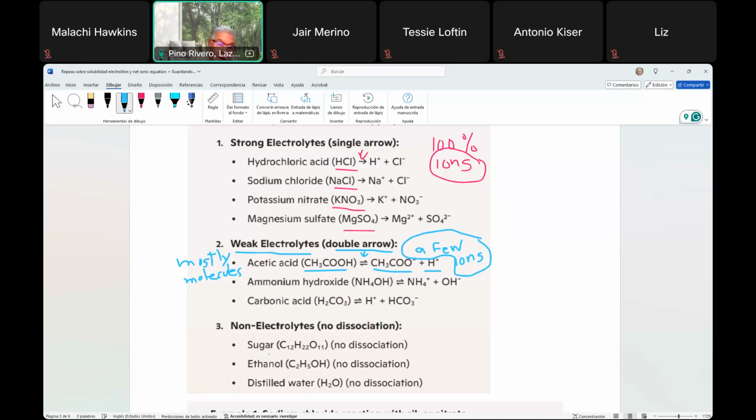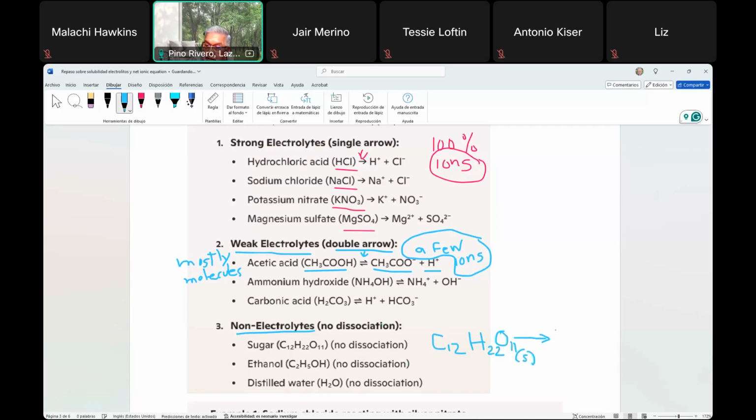When we have a non-electrolyte, we can represent it this way. C12H22O11. This is sugar. It is a non-electrolyte, then we use a single arrow. This is the solid.